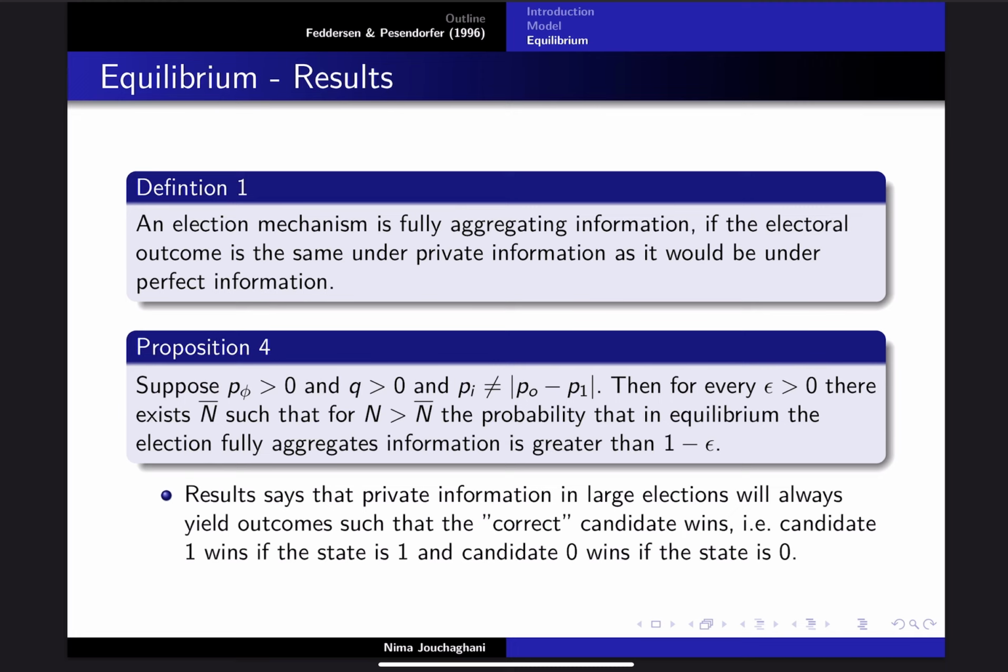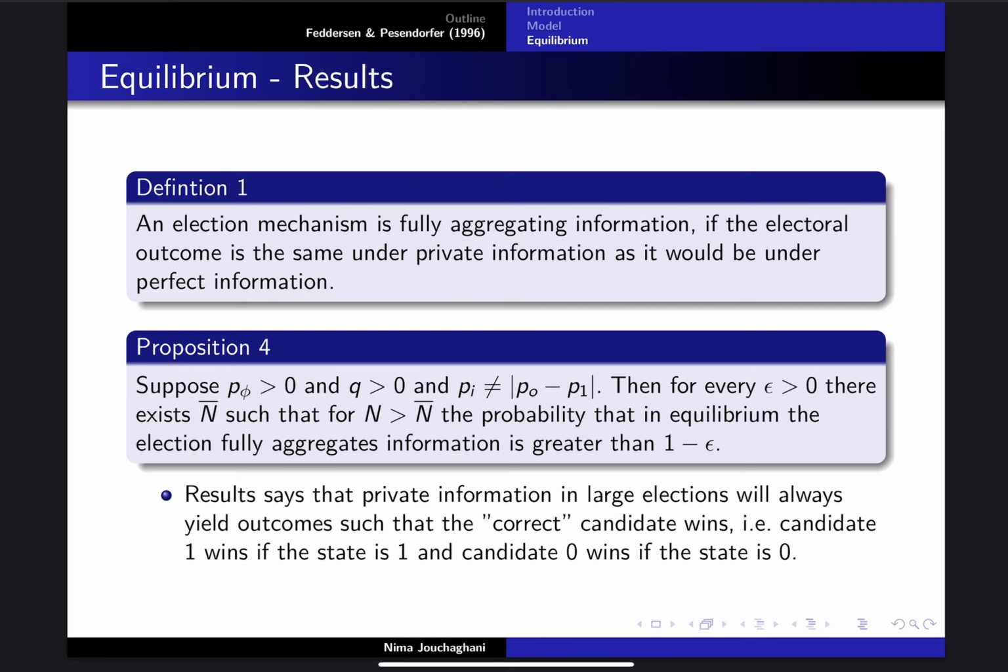So in perfect information we would almost surely have desirable outcomes of the election. Because if there's known information, so if I know what the others are doing and I know their preferences and everything else, then there are election mechanisms which are maximizing welfare with respect to the outcome of the election.